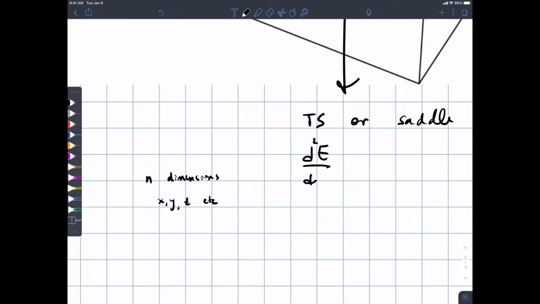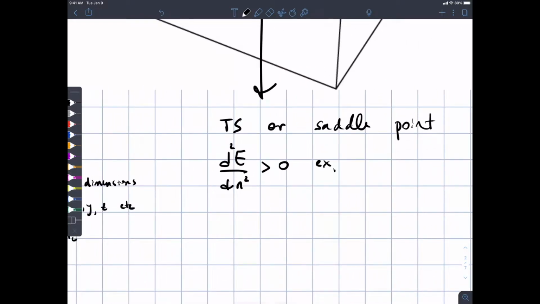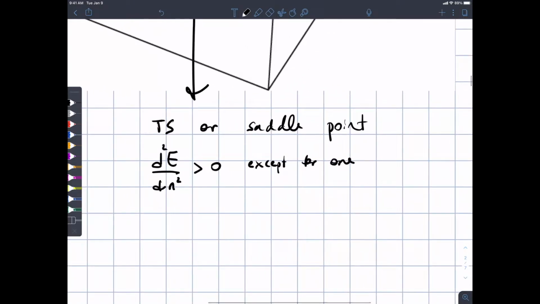So any given dimension will be n. The second derivative with respect to all the dimensions has to be greater than 0, except for 1. So in this case, only the second derivative with respect to our x-axis. It has to be greater than 0 in all directions except 1.